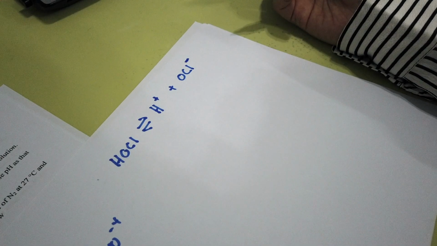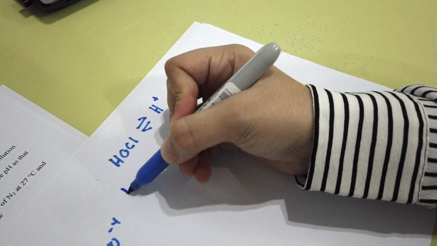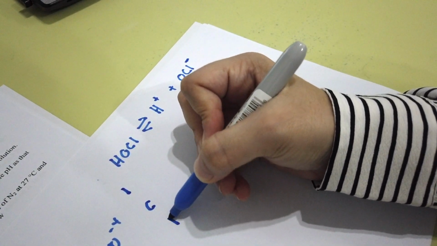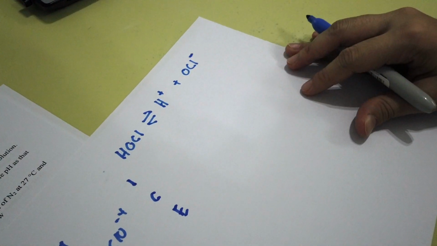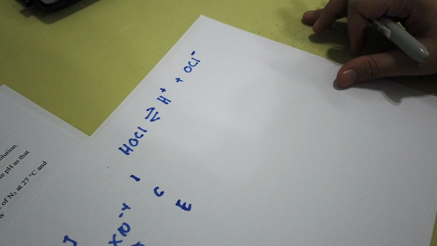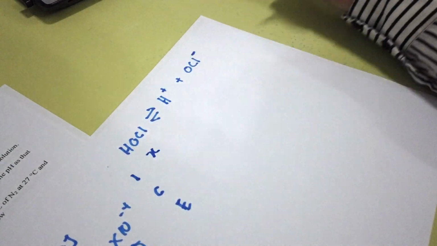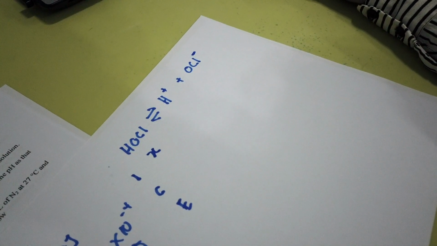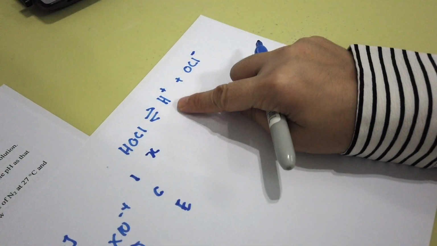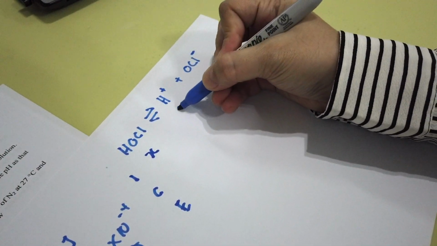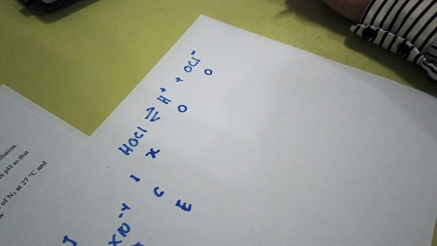Now we are going to make an ICE diagram. From here, at first you don't know the concentration of HOCl, so we put X. Initially there is no dissociation, so here it will be 0 and 0.